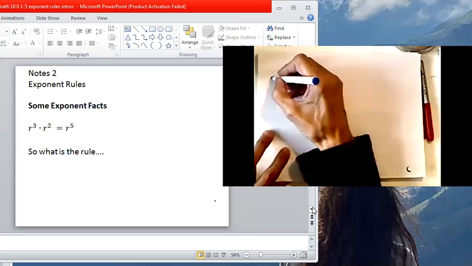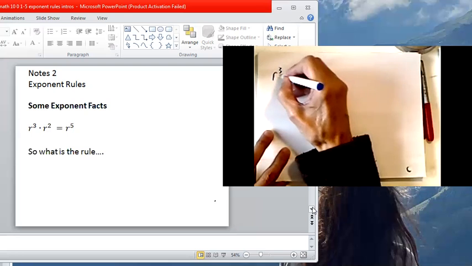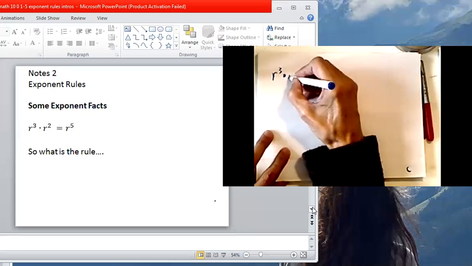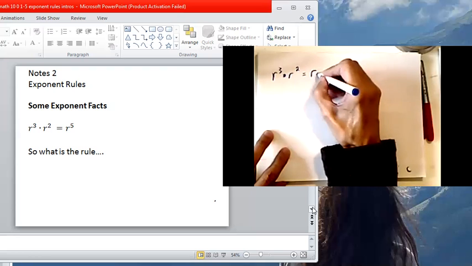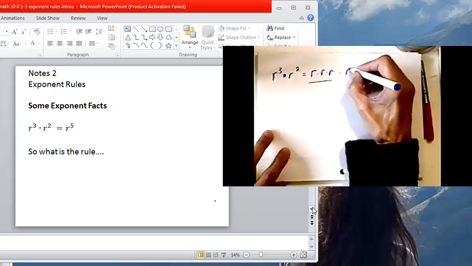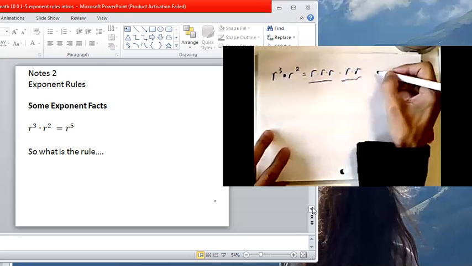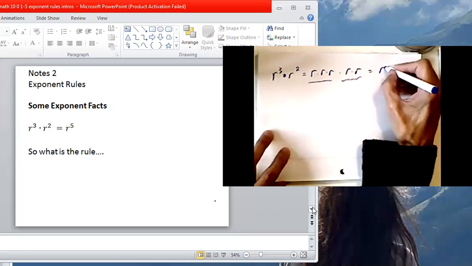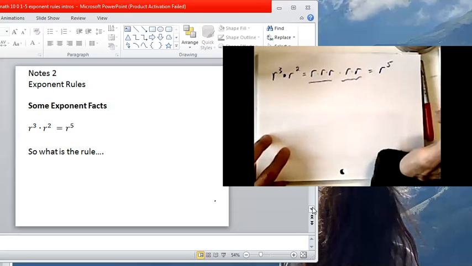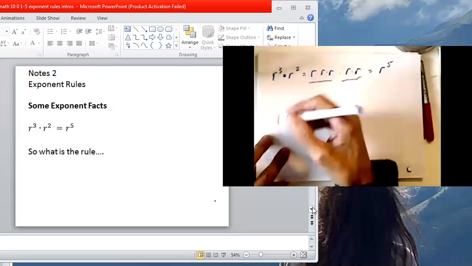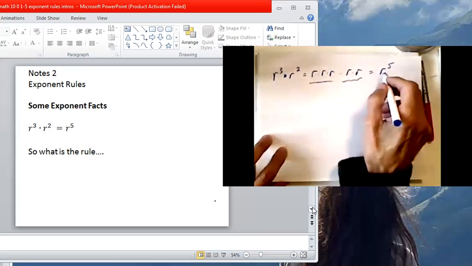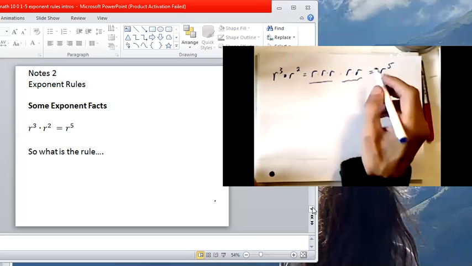Right? r cubed is 3 r's multiplied together: r times r times r. And we get r times r. So for sure we get r to the power of 1, 2, 3, 4, 5. But it'd be nice to make a rule so that when we see these things, we can jump right to the answer there at the end.